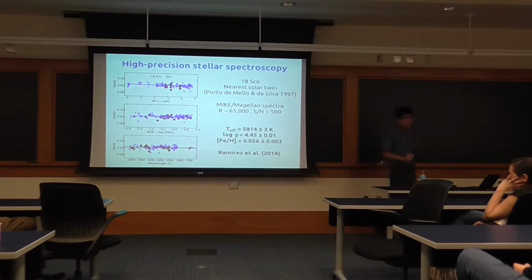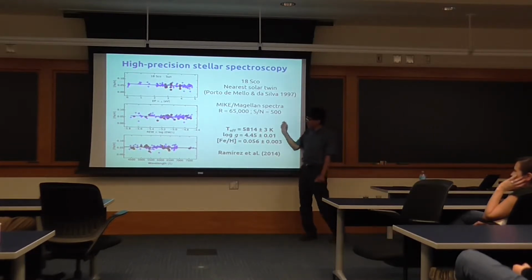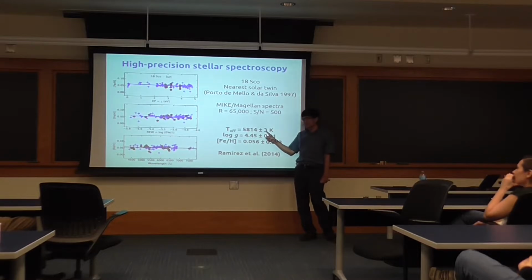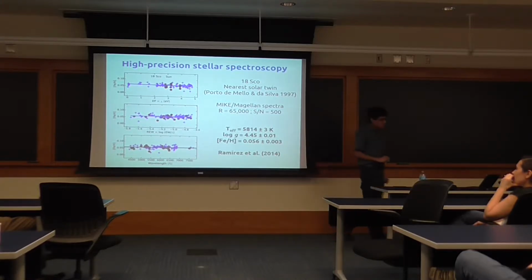So they're ridiculously small. Now, do we really think that we know the temperature with this kind of precision, 3 degrees, or this 0.003, which is, I think, 0.5% or something like that? I'm not sure.